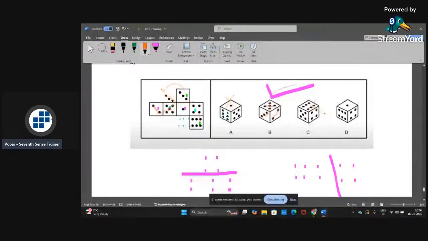Look at the D option. Oh, 4 is given like, see, I've written here, when you're folding, it should look like 1 2 3 4. After that, 1 2 3 4 5 6. It should look like this. But in this, it is like 1 2 3 4 5 6 and 1 2.